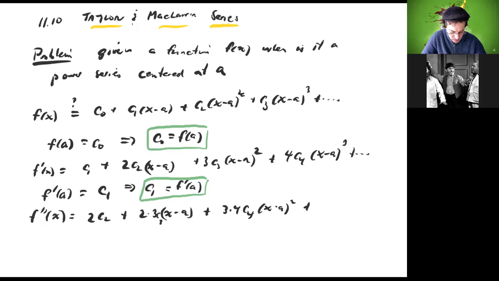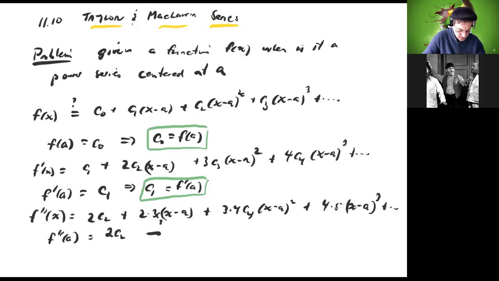Let me write one more term: 4 times 5 times c5 times (x minus a) cubed, etc. Let's now evaluate this at x equals a to get f double prime of a equals twice c2. In other words, c2 is equal to f double prime of a over 2. Let me box that off.